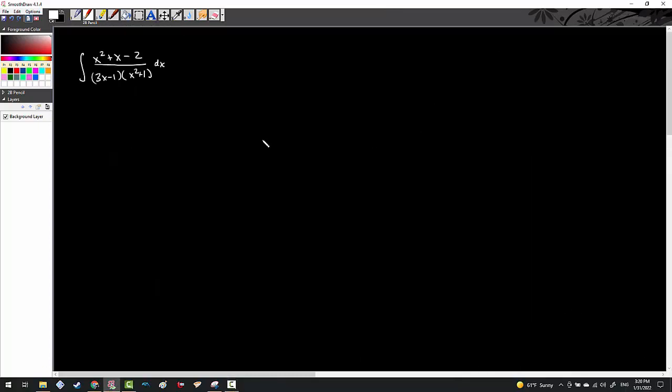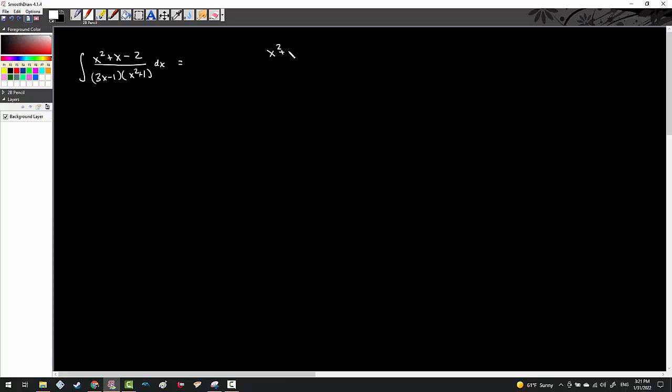In this example, I want to draw to your attention something odd that happens with partial fraction decomposition here. And that is that it's starting to look a little more complicated, right? We've got a quadratic up top with presumably a cubic on the bottom, and so that makes it partial fraction separable. So I'm going to go ahead and make this into a separating fraction here.